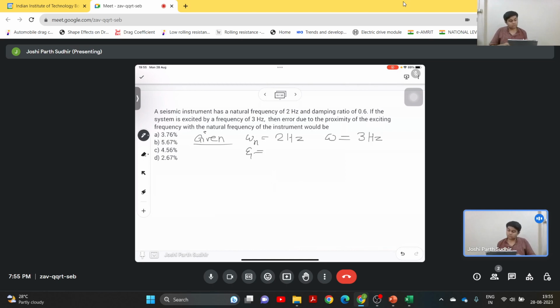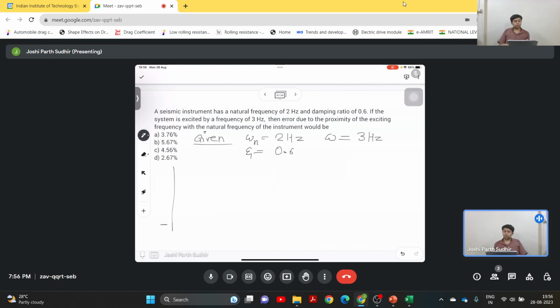The damping ratio zeta is 0.6. Then it has been asked what is the error due to the proximity of the exciting frequency with the natural frequency of the instrument.